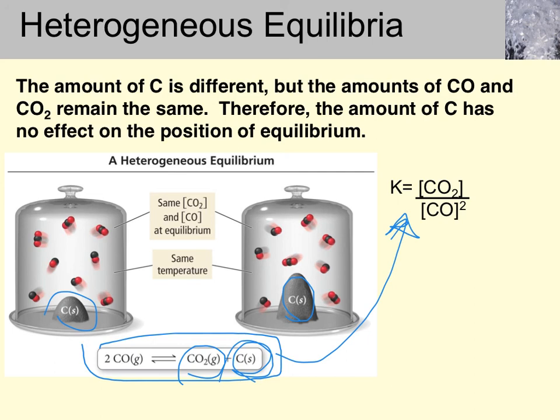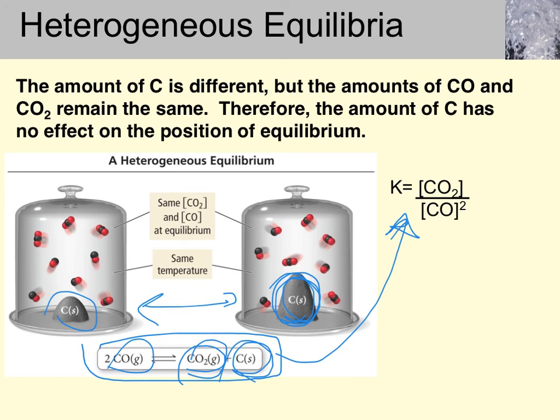Just to show you, comparing these two bell jar samples, on the right there's obviously a whole lot more solid carbon, which is basically like your charcoal briquettes that you grill with on a Weber grill. But it's showing you that you can dump in a whole lot more solid carbon and it's not going to affect how much carbon dioxide and carbon monoxide you have.